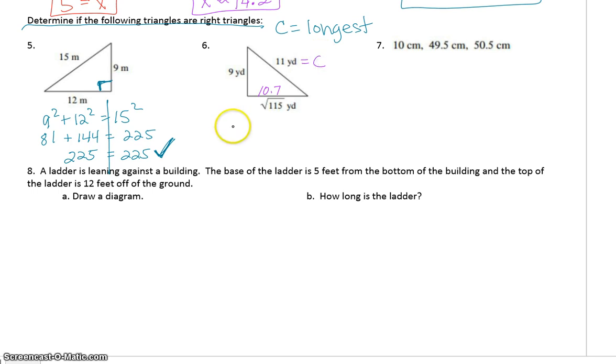When I plug in, I'm going to say 9 squared plus the square root of 115 squared equals 11 squared. 9 squared is 81 plus the square root of 115 squared, remember those cancel, you just get 115, equals 121. We are testing to see if the left-hand side matches the right-hand side. We get 196 equals 121. That is not true, so this is not a right triangle.